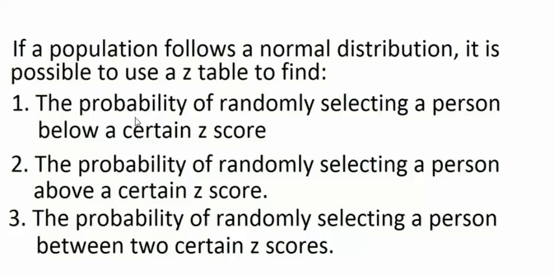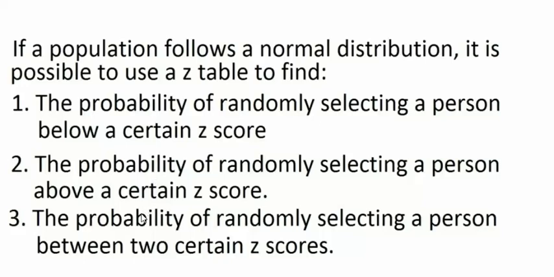Each of these three probabilities that can be calculated in this situation has its own set of steps that have to be followed. So if you want the probability that the selected individual will be below a certain z-score, you follow one set of steps. If you want the probability that the selected individual will be above a certain z-score, you need a different set of steps.